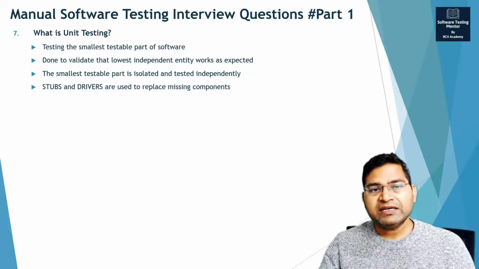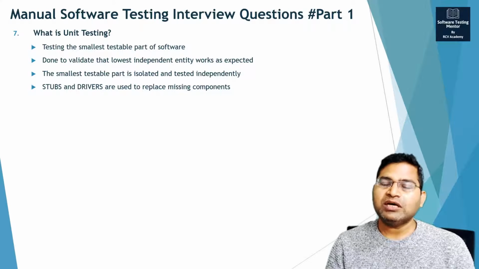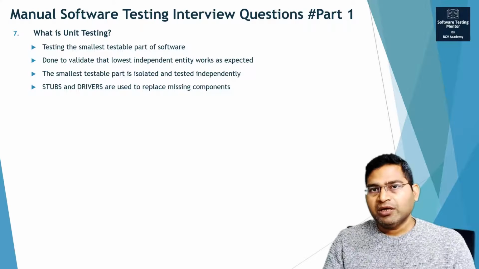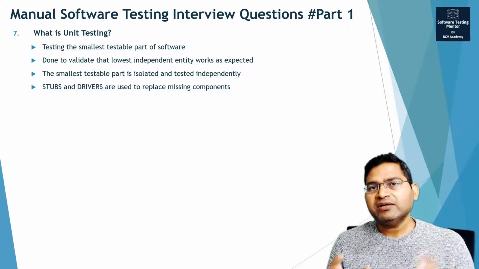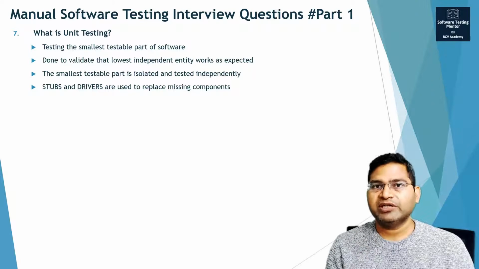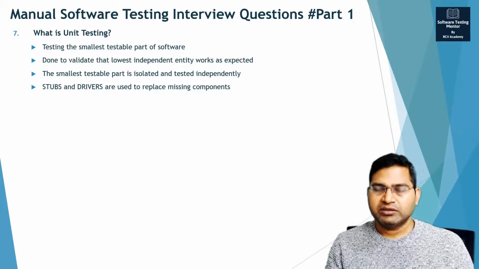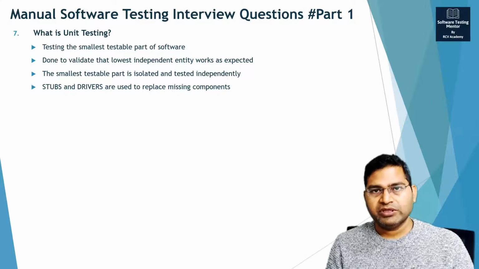Now I'll take the example of a car wheel. Say you are supposed to test the car wheel. When you are testing it, think about what the smallest testable part of that wheel is. You'll think, okay, the rim is the smallest testable part, or the tire, or the complete wheel. No, it's not.